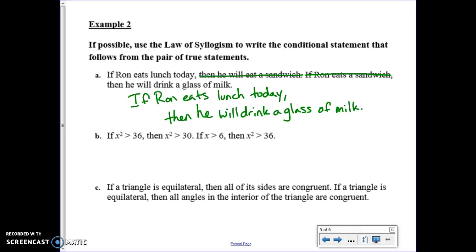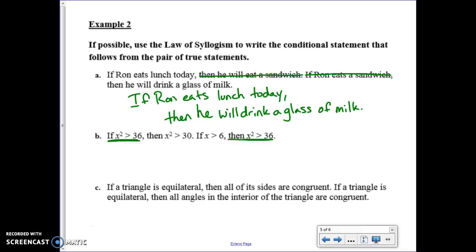If you look at the second one, it says if x squared is greater than 36, then x squared is greater than 30. If x is greater than 6, then x squared is greater than 36. This one's a little trickier. They have switched these statement orders on you because I want you to notice that our matching statements are actually here and here.